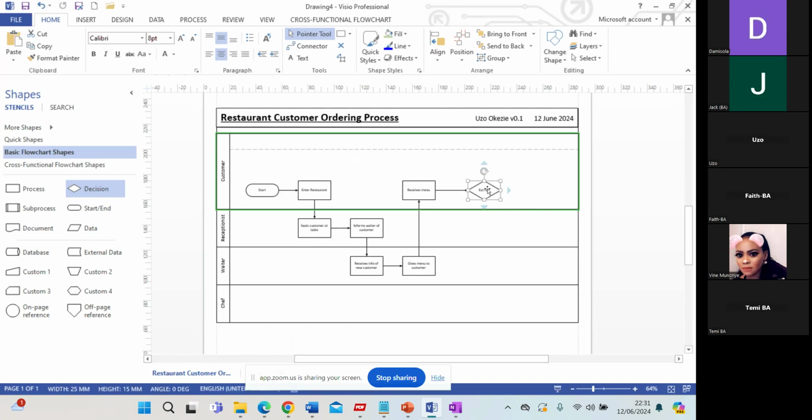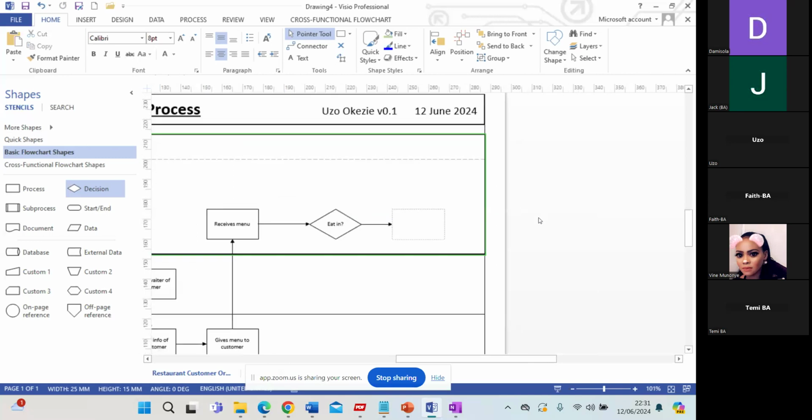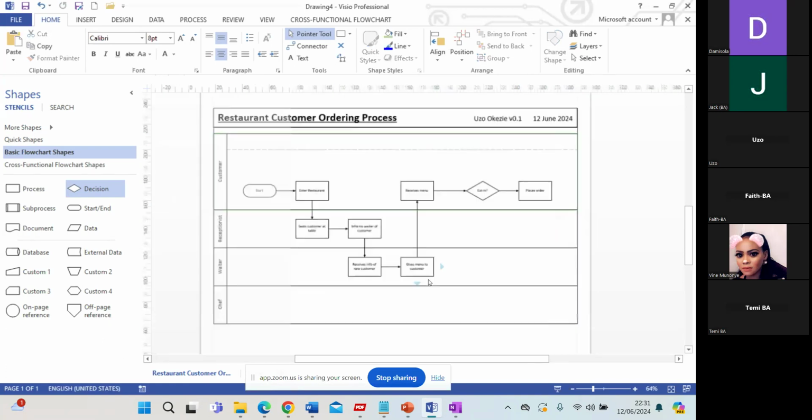From this box, there is a yes or a no. So if it's a yes, let me put, so this is your yes. If it's a yes, places order. So let's say places order. Yeah, so this is a yes.